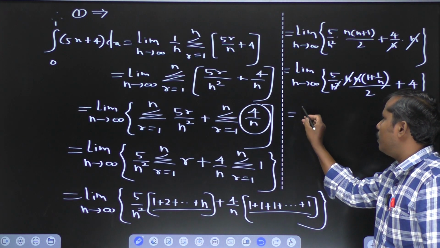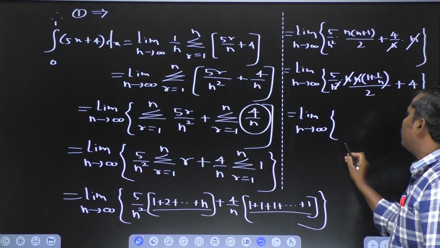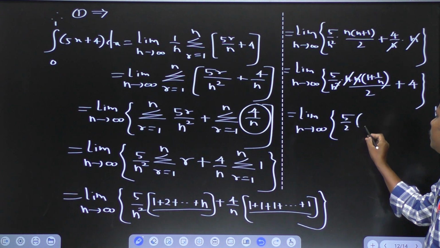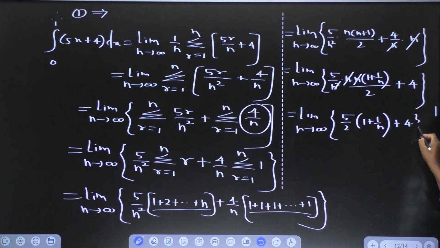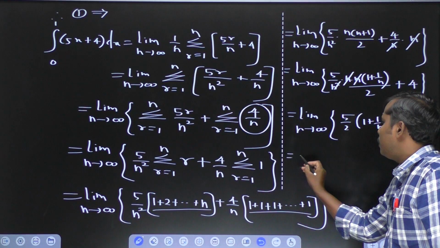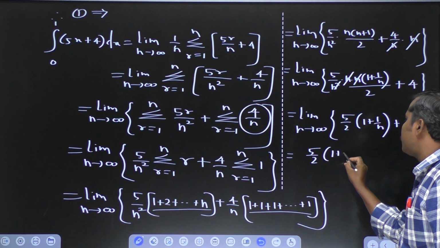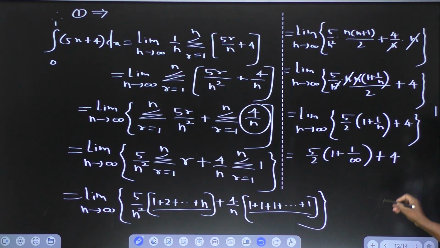So this gives us limit n tending to infinity. What are the things remaining you got there? 5 by 2 into (1 plus 1 by n) plus 4. Now n has gone from the denominator. Now the right time has come to substitute n equal to infinity. Go for it. Remove the limit. So 5 by 2 into (1 plus 1 by infinity) plus 4.